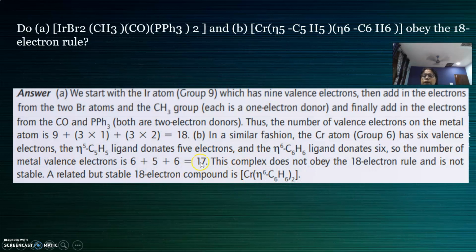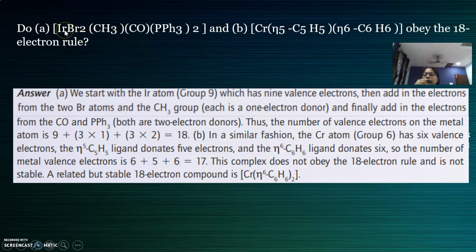So if we consider this particular compound, iridium dibromo methyl monocarbonyl bis triphenyl phosphine, and we want to find out the total number of electrons, then first of all we have to find out the group number of iridium. Now cobalt, rhodium, iridium, it is from group 9.